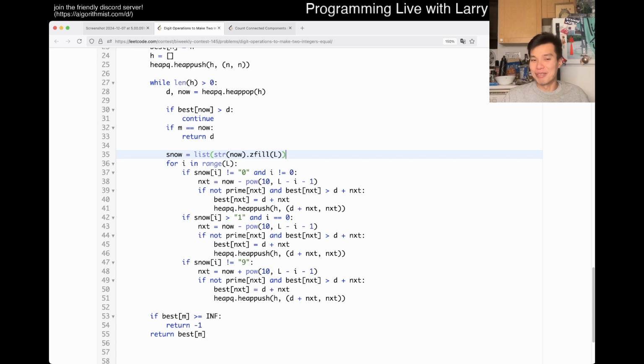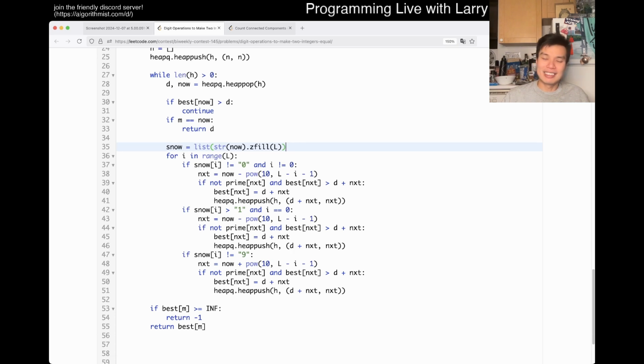That is silly, but now I don't need it. I don't need the padding anyway. It just converts it to a list. Actually, I don't even need this to be a list now that I think about it. It's just so that I could get the ith digit very quickly. Maybe I could have had a helper function. I was trying to type this very fast.